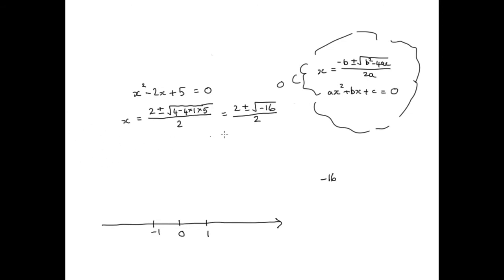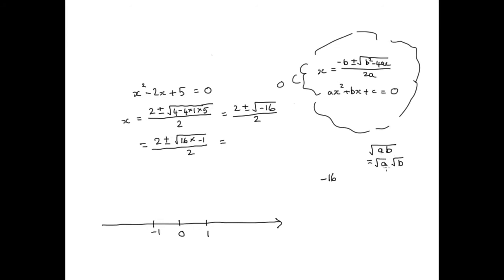However, let's go slightly further with this. Let's do a little bit of work on this, just using our normal rules of algebra. We know that negative 16 is 16 times negative 1. And we know there is a result which says the square root of the product of two numbers is the square root of each of them multiplied together.